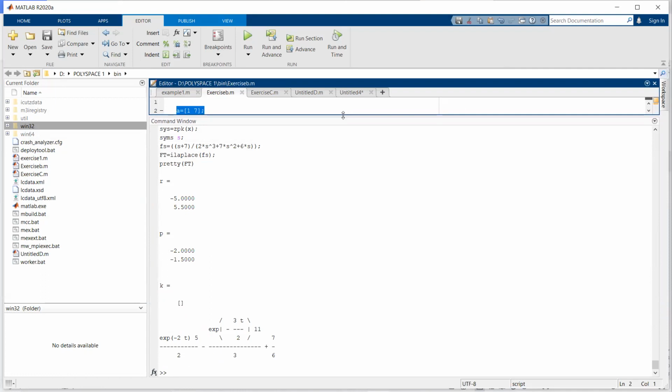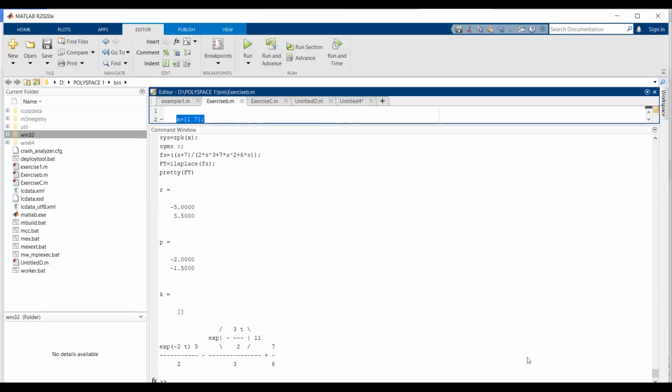For k, the equation that we get is exponent -2t times 5, which is equal to 5 exponent -2t divided by 2 minus exponent -3t over 2 times 11 divided by 3 plus 7 over 6. So this is the final answer that we get for the inverse Laplace transform.